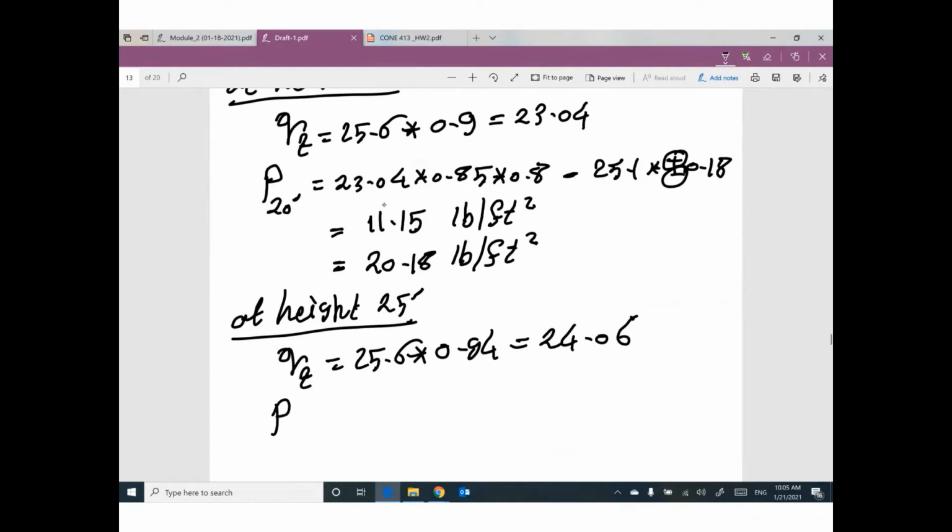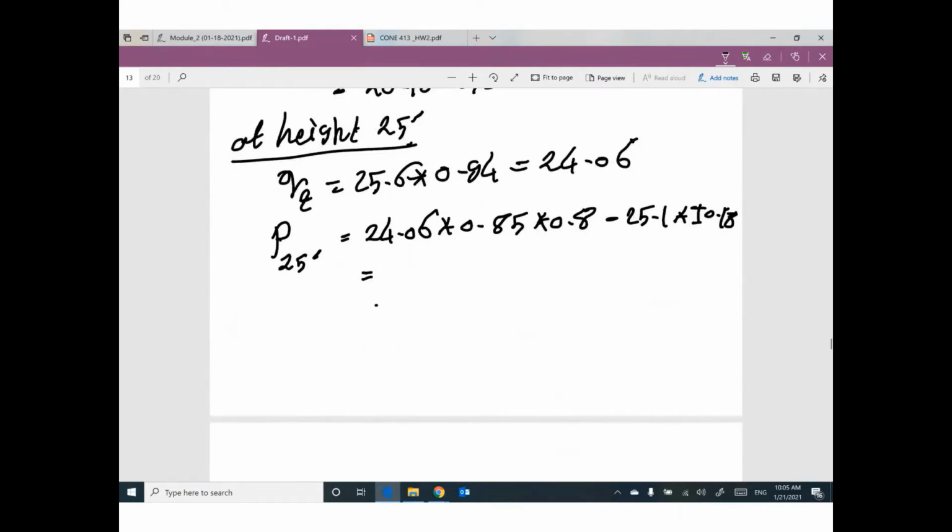So the pressure at 25 feet equals 24.06 times 0.85 times 0.8 minus 25.1 times plus or minus 0.18. You will have two values.